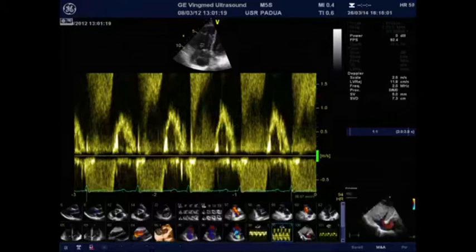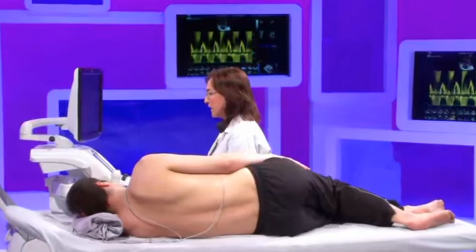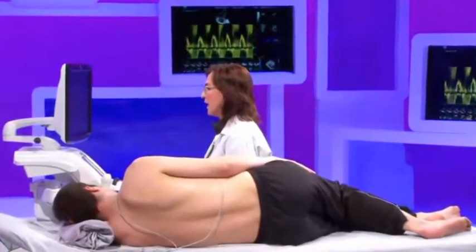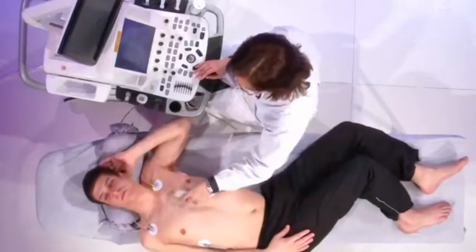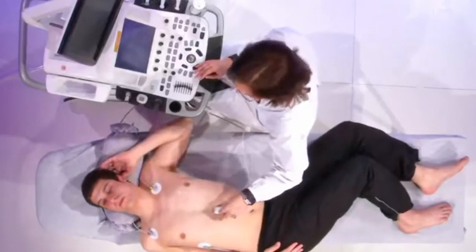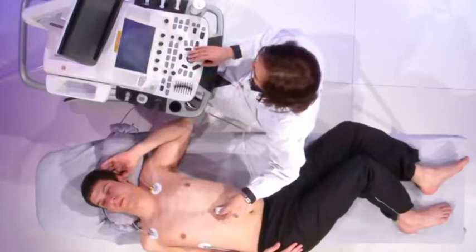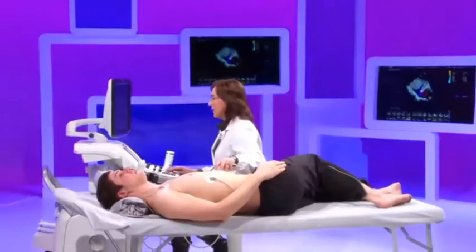And to continue, what we can do is to go again in the subcostal view. Please lean on the back again, and we will take a color Doppler flow imaging of the hepatic vein.